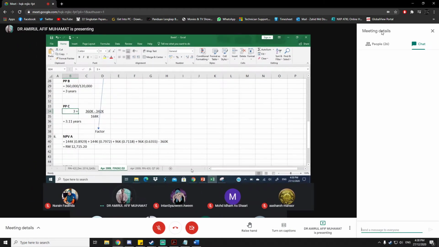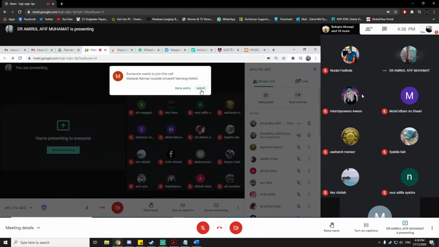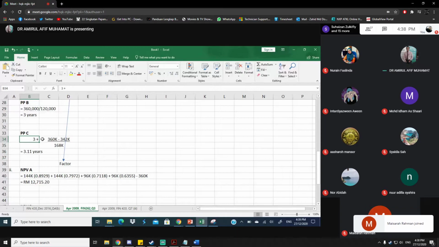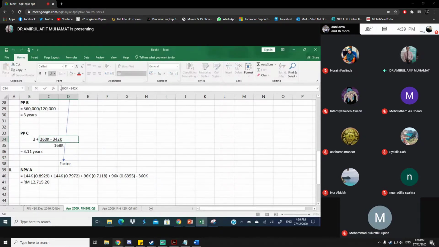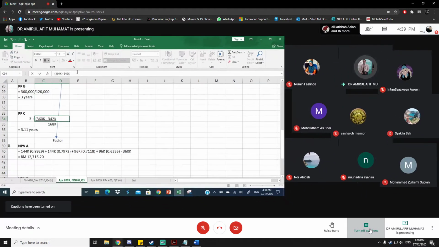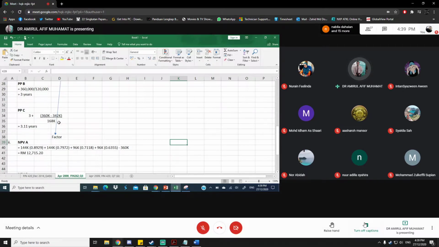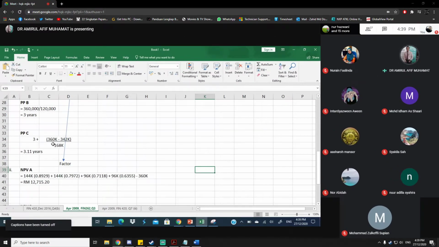342,000. So 3 years plus, should have a bracket here. 360,000, the initial outlay investment cost, minus 342,000. 342,000 is the amount of the third year. So you divide with the amount of the fourth year, the amount in the fourth year, because you will take some portion of it.